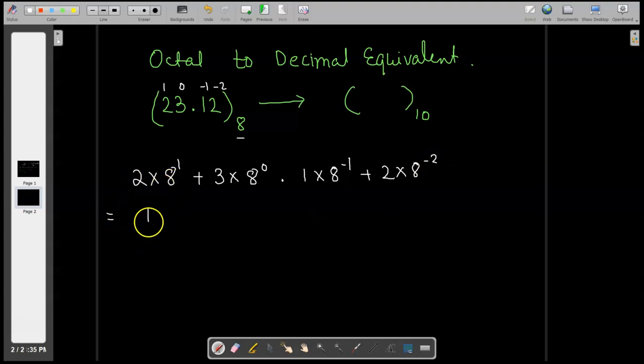So 2 8s are 16, plus anything to the power of 0 is 1, so this is 3 dot.